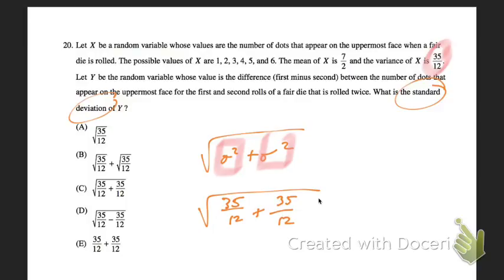So since it already gives me the variance, we don't need to go back and square root it and then square it again. We just input the variances. Why do you divide it by 12 again? Well, it gives me the variance in the problem, so I'm just taking what it gives me in the problem.